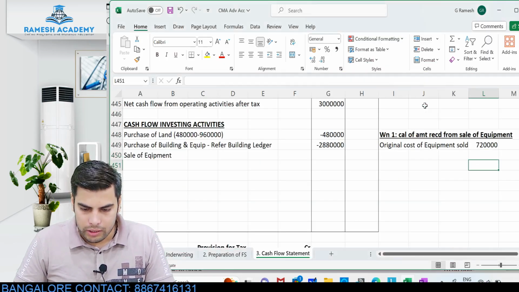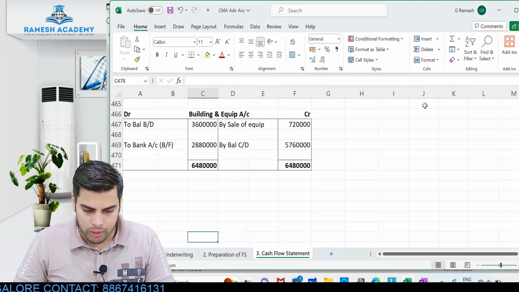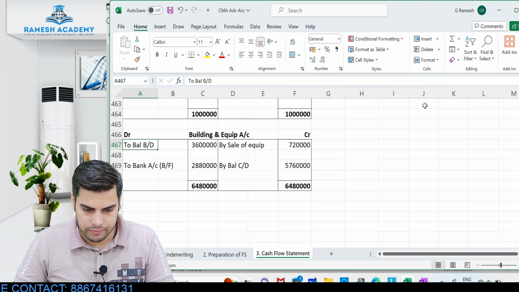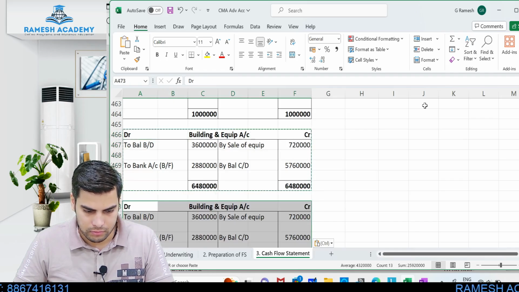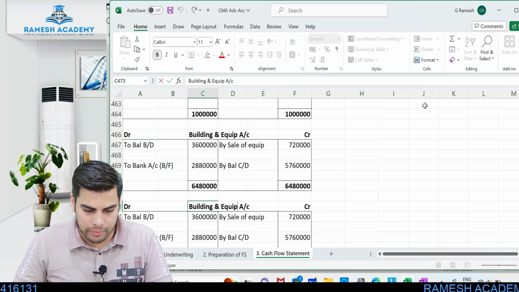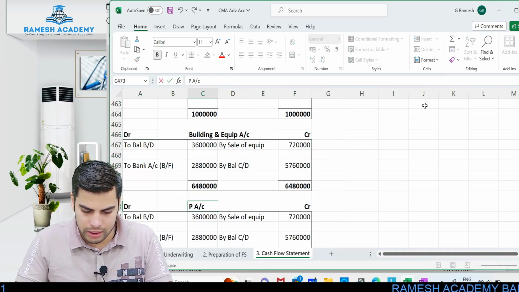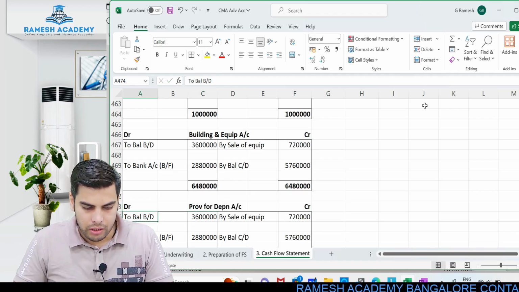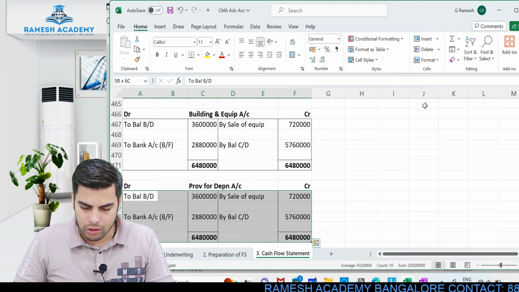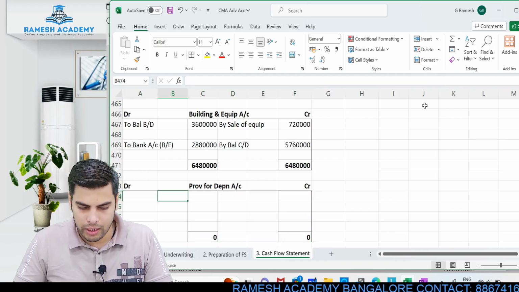All right, look at this. I'll just be preparing this accumulated depreciation ledger. You can either call it accumulated depreciation or provision for depreciation. Anything is fine. So when it comes to provision for depreciation or accumulated depreciation, it would be showing a credit balance.